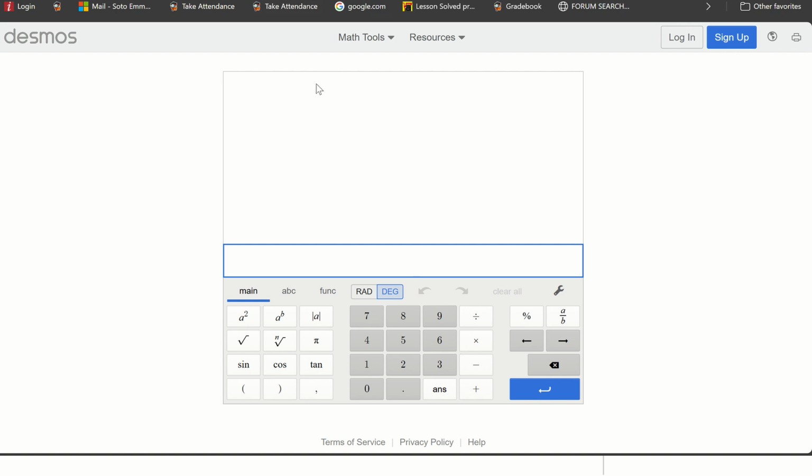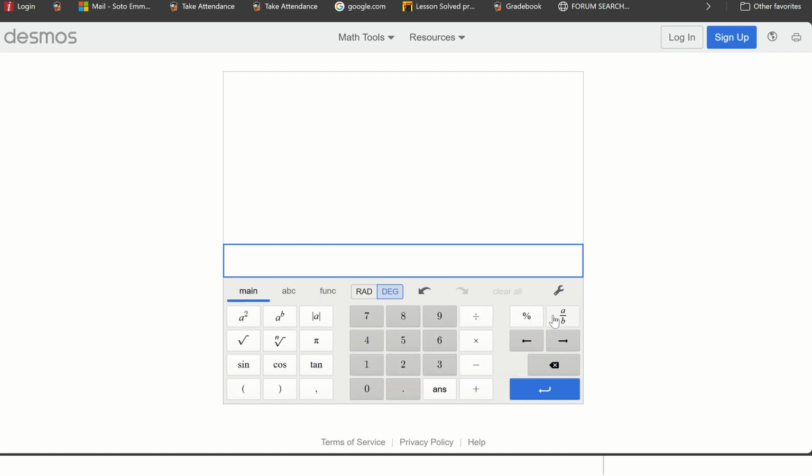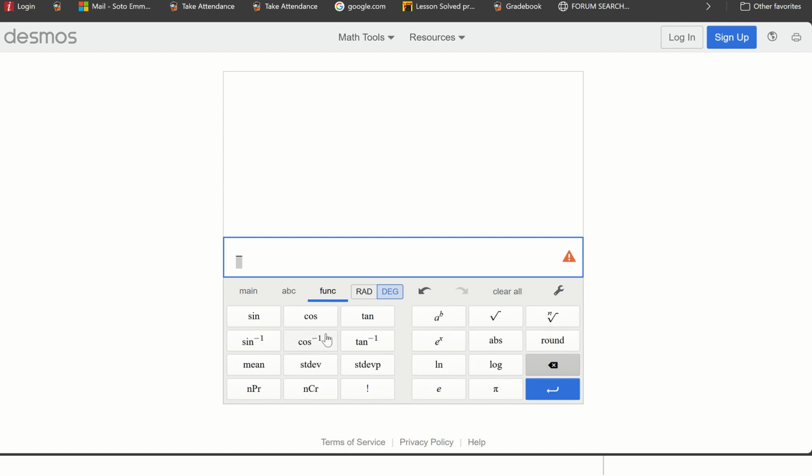Okay, and we can of course calculate it using Desmos. Desmos is a good math tool for this. So we go to function, and then we get our combination here. First off, let's do the fraction. So you say fraction right here, and then we got combination.